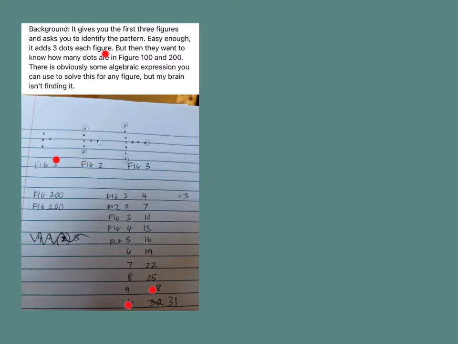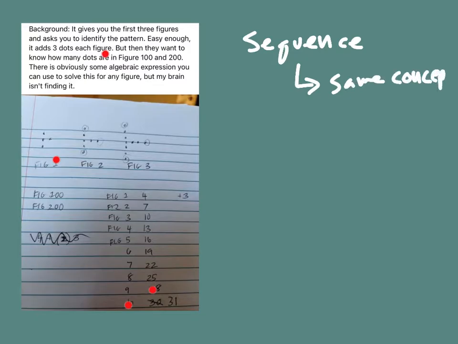So a couple of things. This question is asking you about a sequence. And a sequence is basically the same thing as a linear equation. So it's the same concept as an equation. I'm going to use the variables for an equation, not the variables you would use for a sequence.